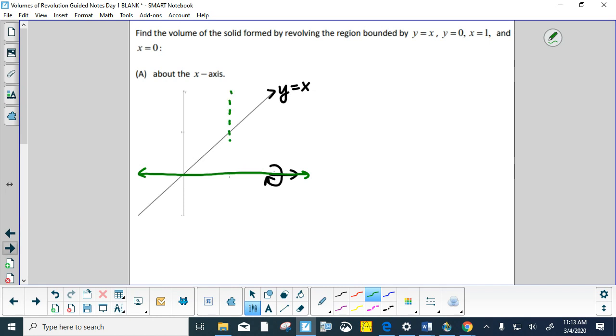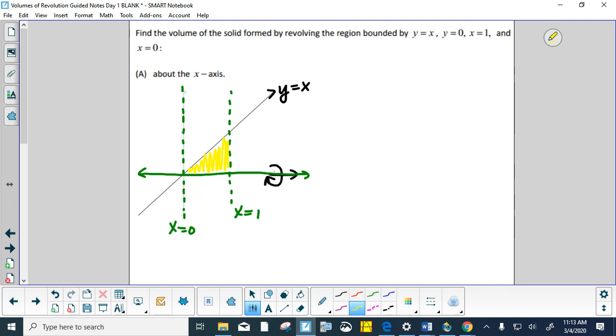They're giving me the upper limit of integration, basically. So this is x equals 1, and then x equals 0. What is the area between all three of those curves? Well, it's just this yellow area, right? And I'm revolving it about the x-axis.